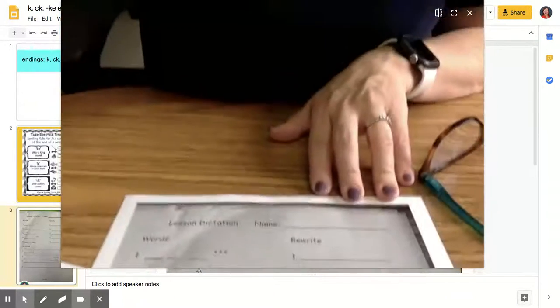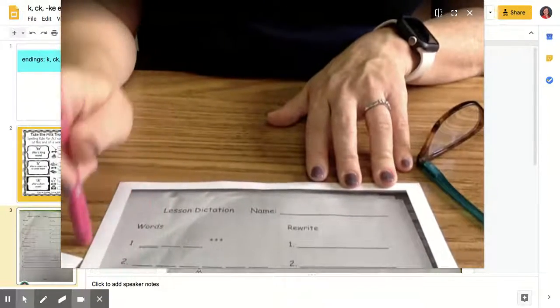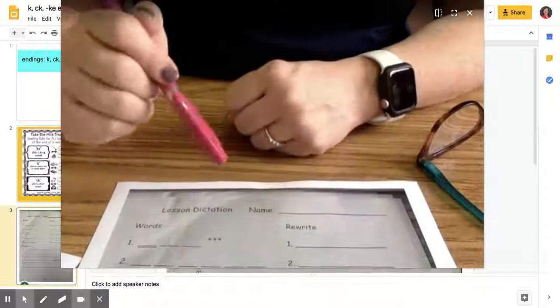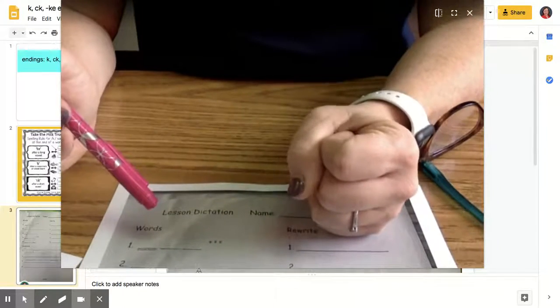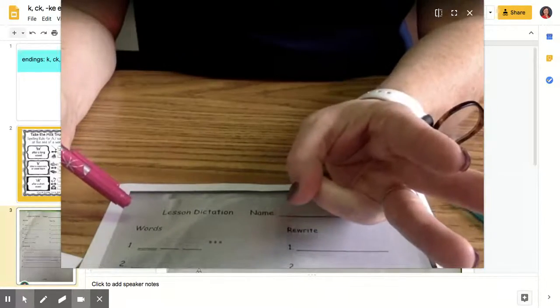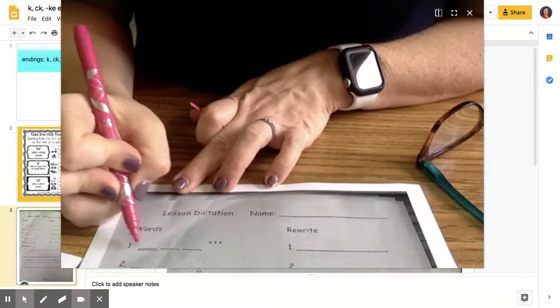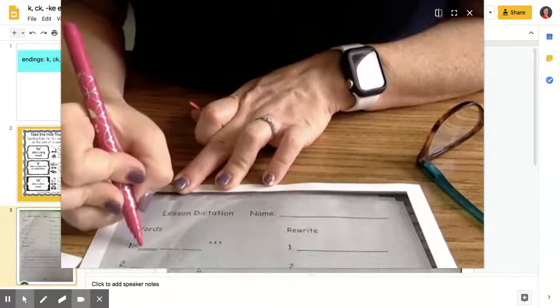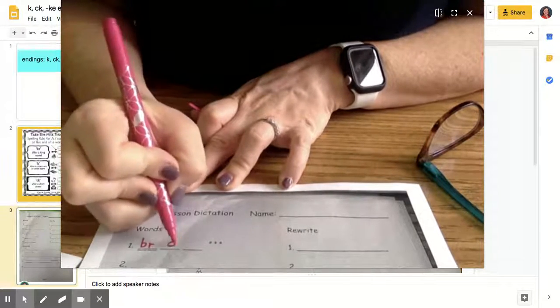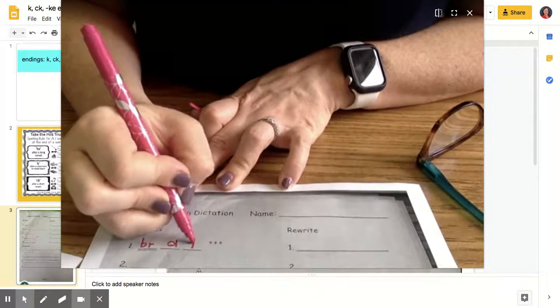All right, I also want to show you that I'm writing with my right hand. I'm going to pound and tap with my left hand. Okay, so break. Break is one syllable. Br, a, k. All right, so I see that is a blend. So br, a, k.